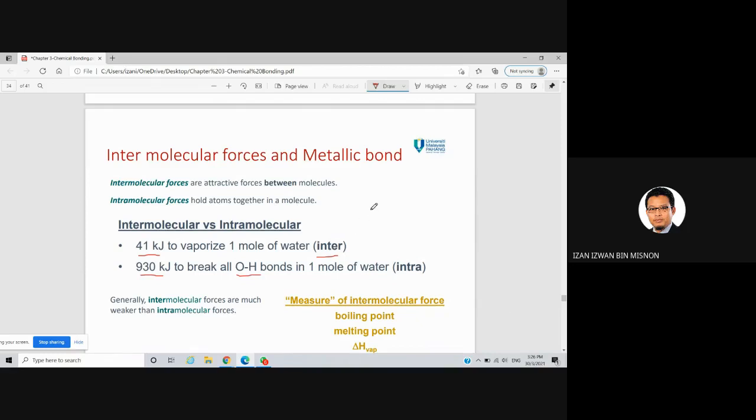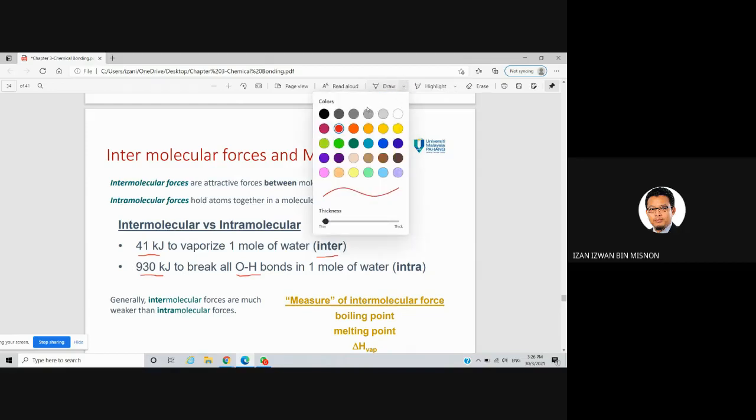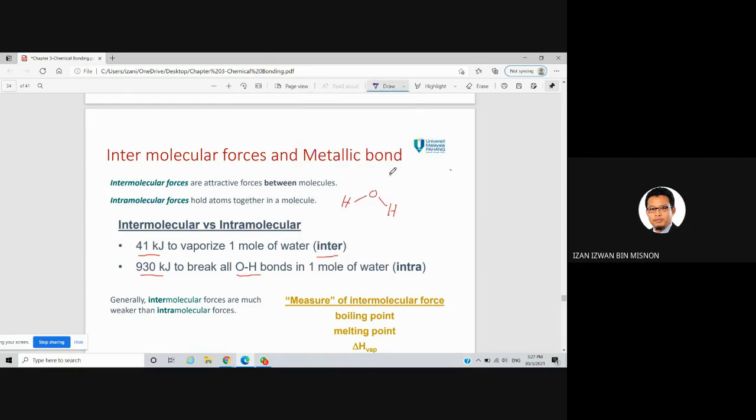Okay, so let's take this example. Let's say we have HOH. In water there will be hydrogen bonding that keeps water in liquid condition.